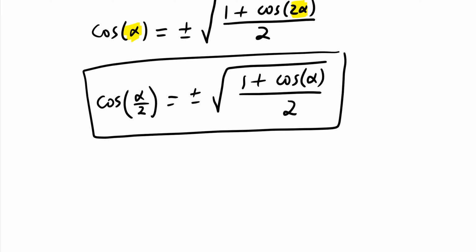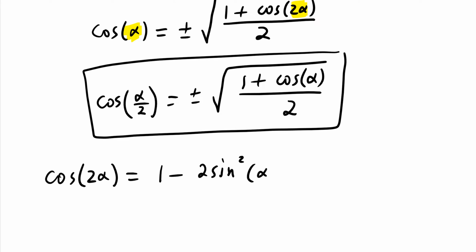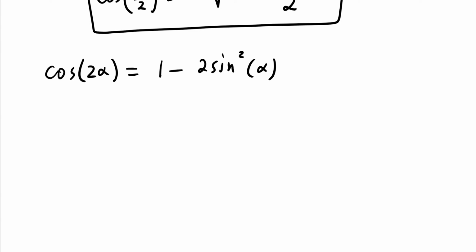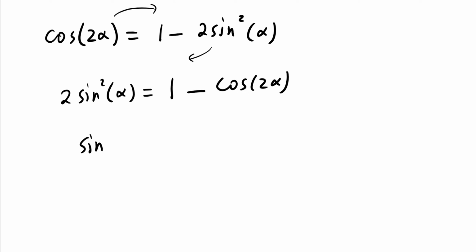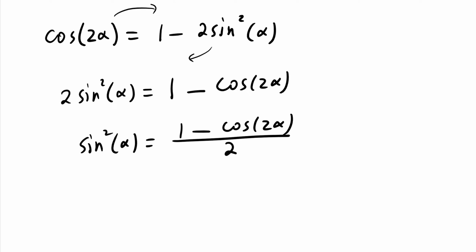How do we find a formula for sine alpha over 2? Well, let me go back to cosine 2 alpha. There was another formula for cosine 2 alpha: 1 minus 2 sine square alpha. I'm going to solve for sine square by adding terms to each side. So it's 2 sine square alpha equals 1 minus cosine 2 alpha. Divide everything by 2, so sine square alpha is 1 minus cosine 2 alpha divided by 2.